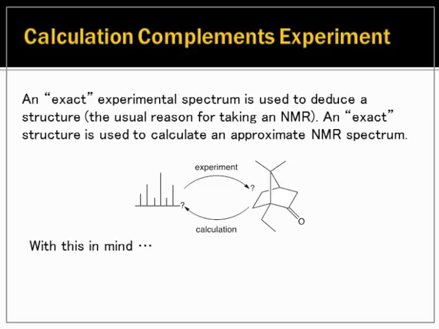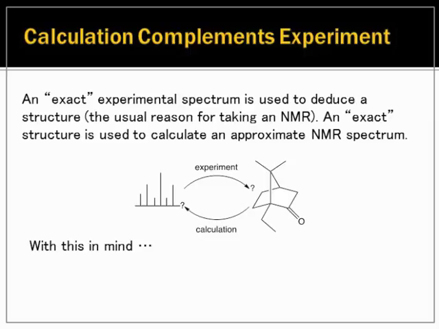The experiment is an exact spectrum. Once you've filtered all the junk out, the solvent and what have you, that spectrum is exact. You try to deduce from that spectrum the structure. That's the purpose of most NMR experiments. So you have an exact spectrum and you're trying to guess the structure.